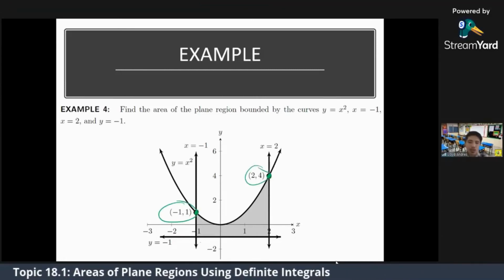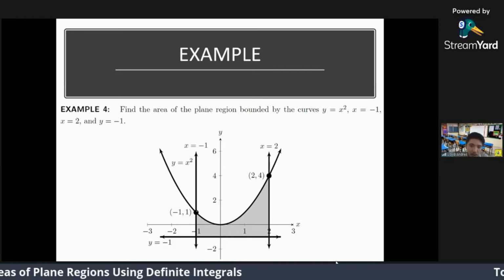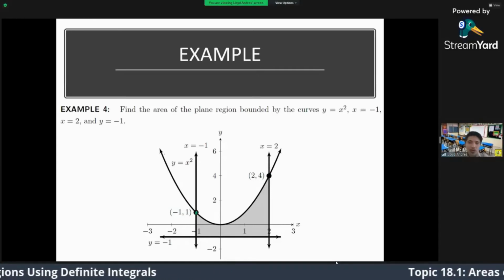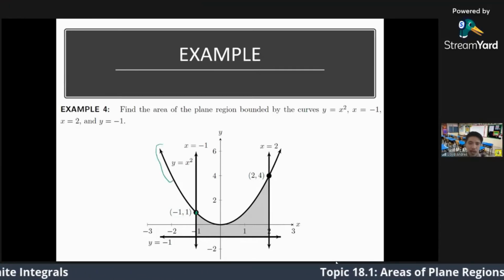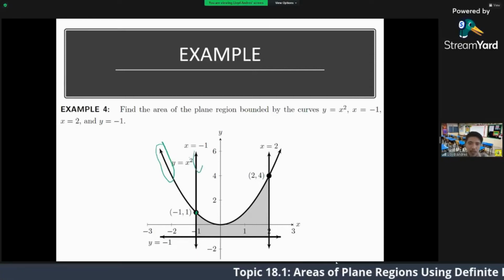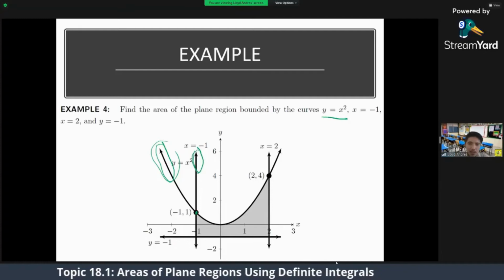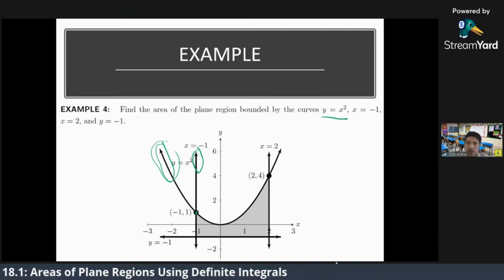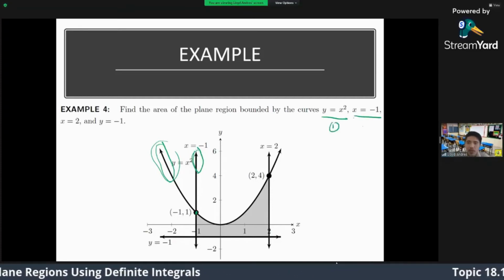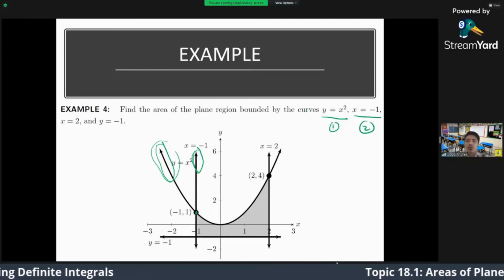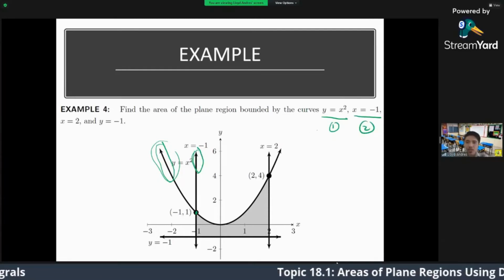To determine this intersection point, we need to solve using this graph or that one. Meaning, the parabola and this graph. So this is equation 1, and this is equation 2. So, again, we can use substitution.